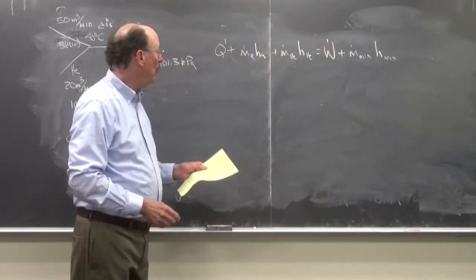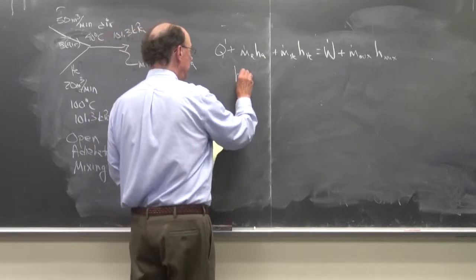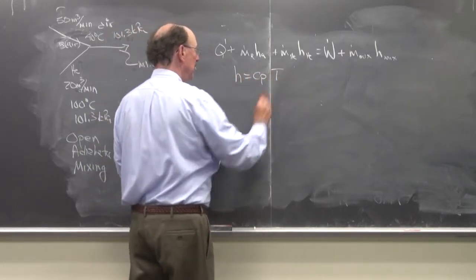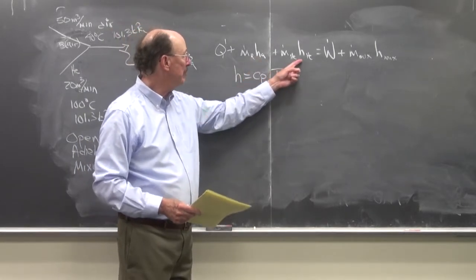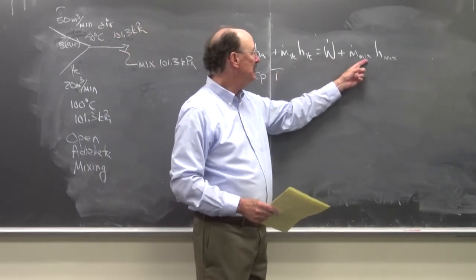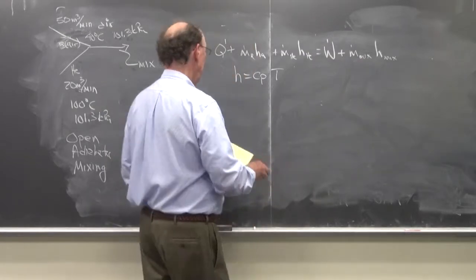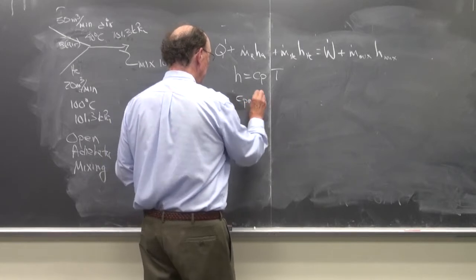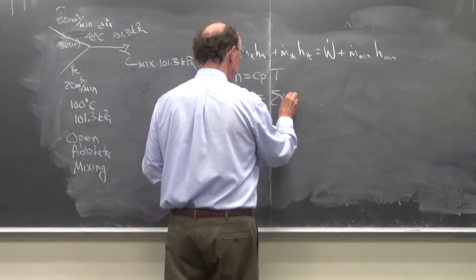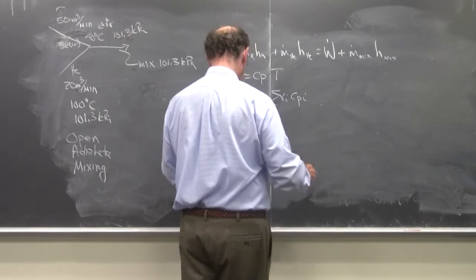And I know that h is equal to C sub P T. So I can find C sub P for the air and C sub P for the helium. I need to find C sub P of the mix. So C sub P of the mix is equal to the sum of the Xi C sub Pi.